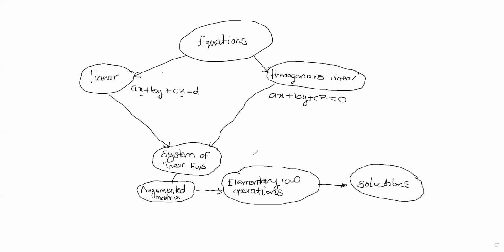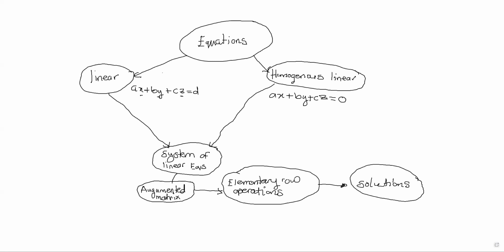Basically, that's the whole flow chart. That's the whole idea. We have equations and we're trying to find solutions. And we do all these kinds of things in between to finally solve the equations. Then I'm just gonna highlight this one, elementary and the solutions.